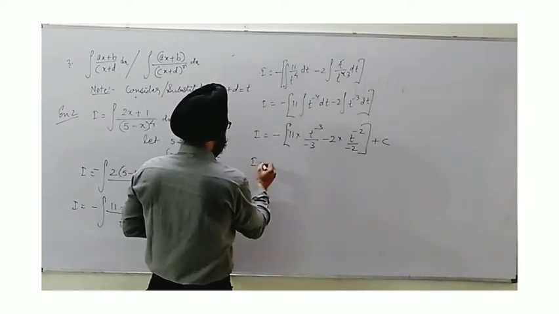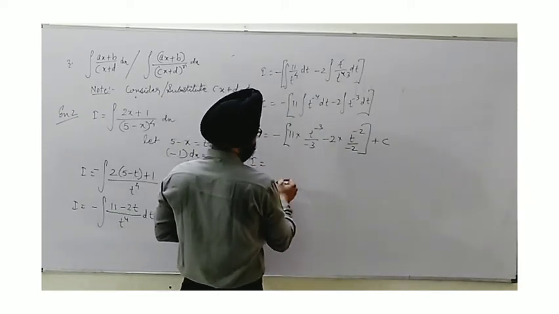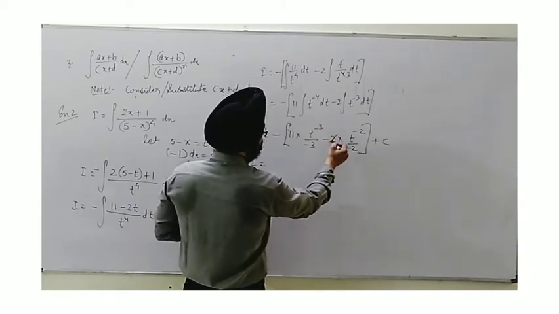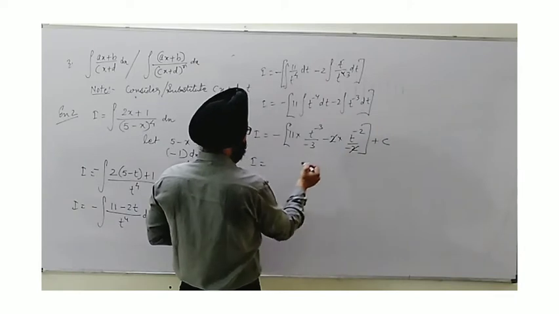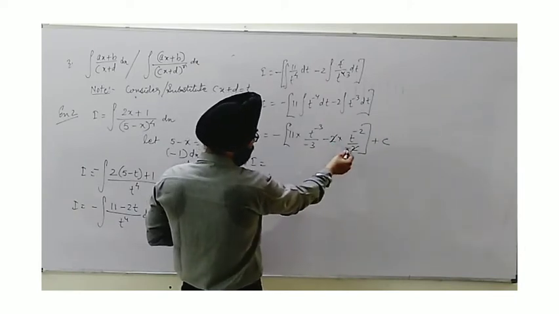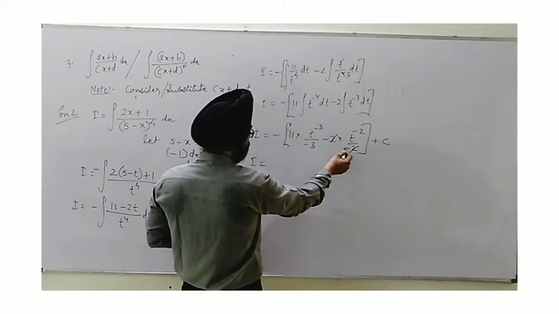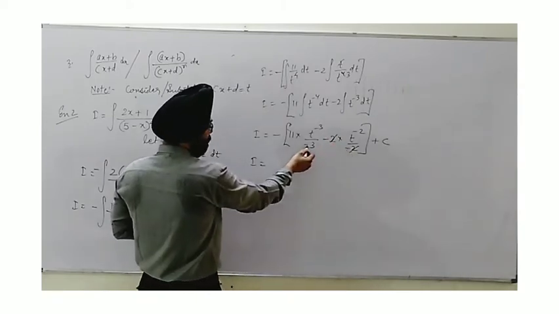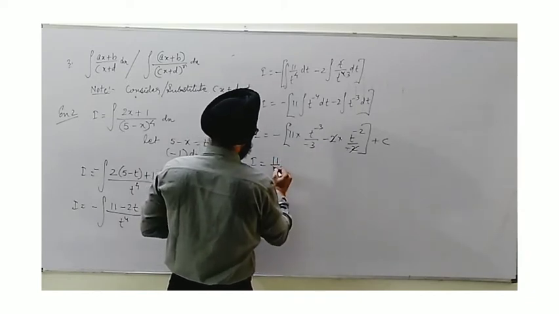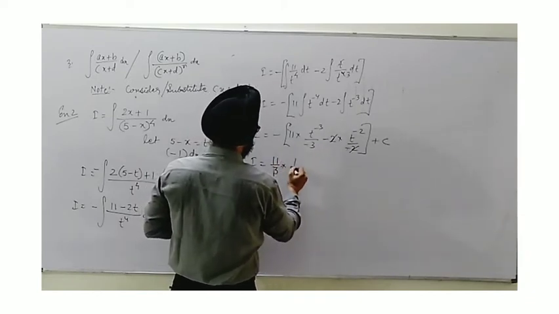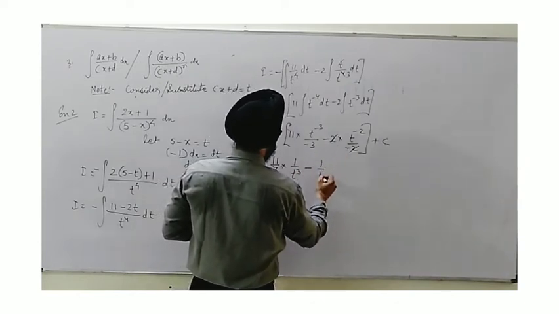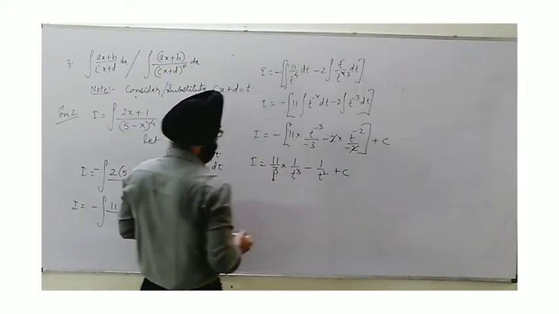Now simplifying, we take minus inside the bracket, the 2s cancel out, and because minus times minus becomes plus, the second term turns plus. That's why we can write 11 upon 3 into 1 upon t cube, minus 1 upon t square, plus c.